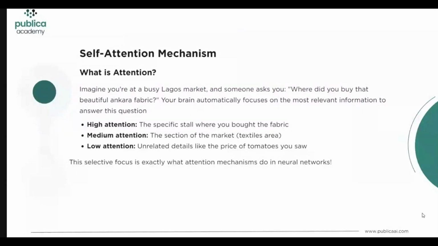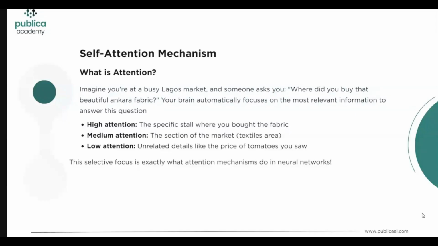So what is attention? Imagine you're at a busy market, and someone asks you, where did you buy that beautiful Ankara fabric? And your brain automatically focuses on the most relevant information to answer this question. First we have high attention. What is high attention? The specific store where you bought the fabric.